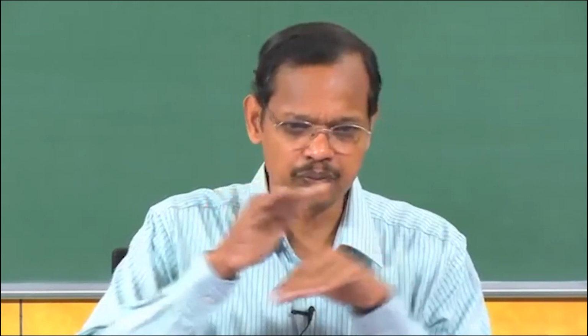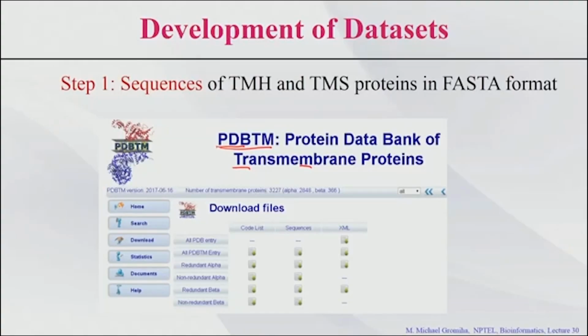It also has various options to extract the data based on the number of helices and the number of strands. They have also developed a program to identify the regions where the residues are located in the membrane or the extracellular space, and so on. They also have the option to download non-redundant data sets for the sequences as well as the structures.